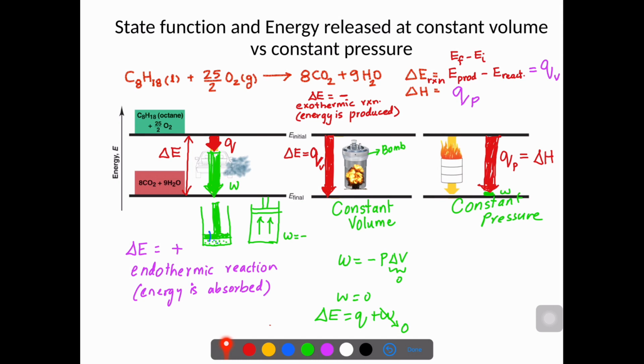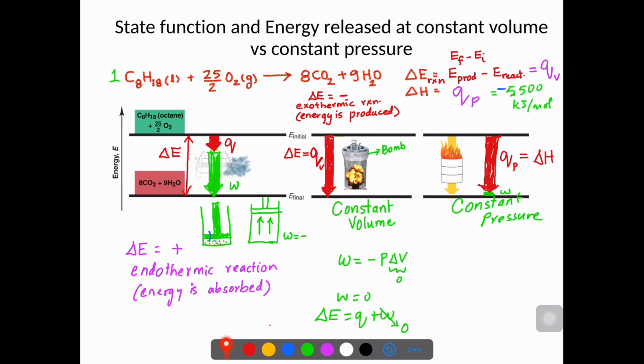Okay? So I want you to understand this difference here. Delta E refers to the change in energy between the products and reactants. It's basically equal to Q, the heat released or absorbed at constant volume. Whereas delta H and delta E are almost equal, but delta H refers to the heat released or absorbed by the system at constant pressure.